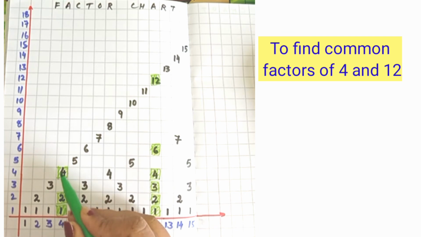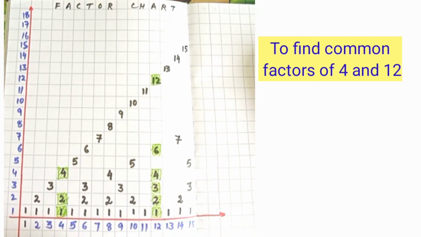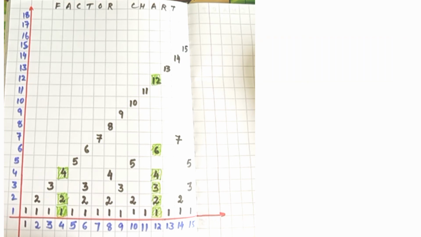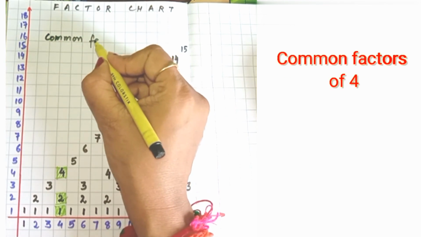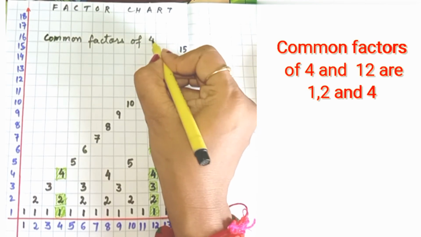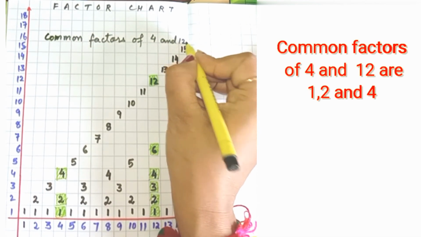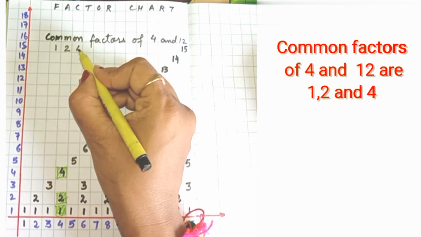That means 1, 2, 4 are the common factors of 4 and 12. What are they? 1, 2, and 4.